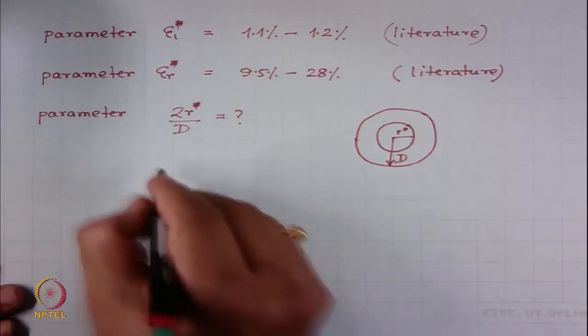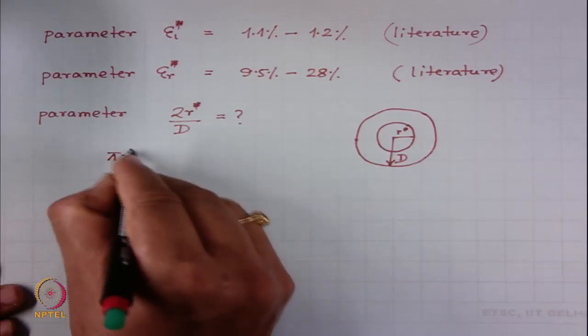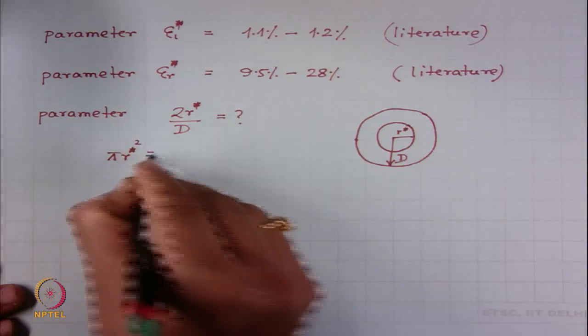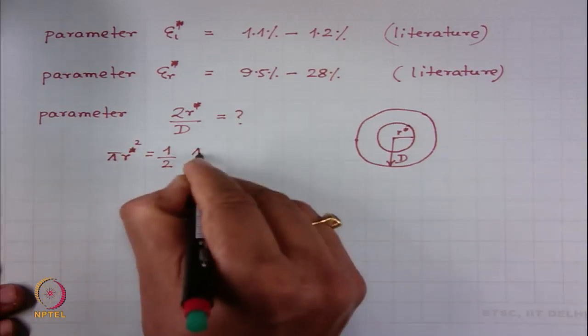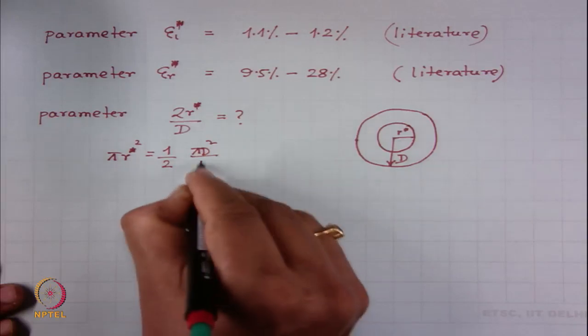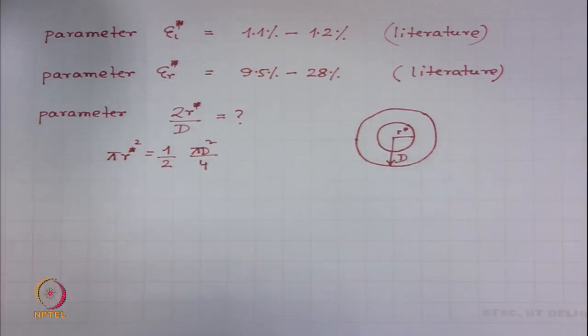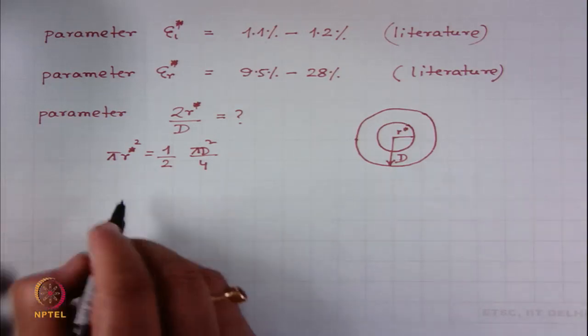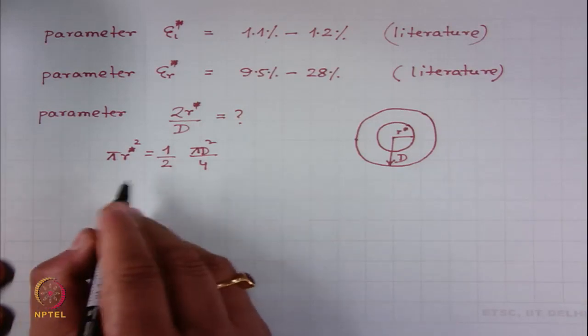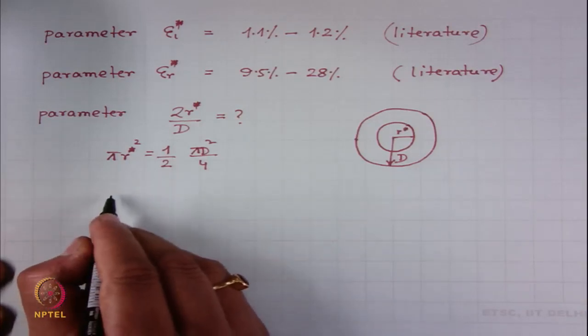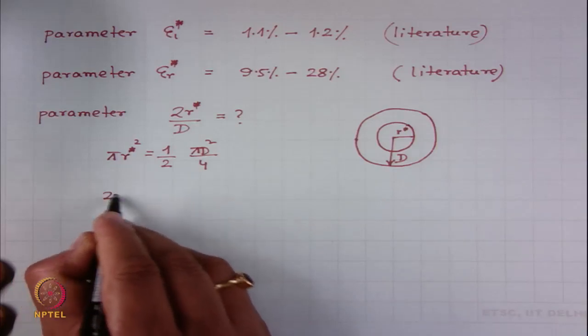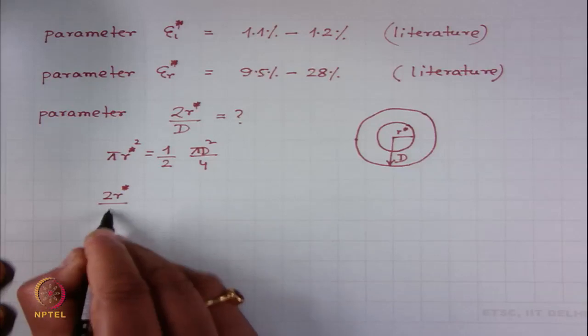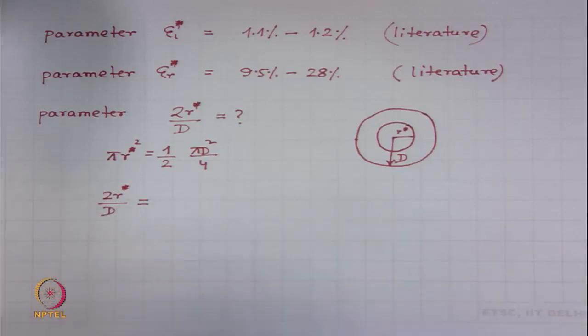That means pi r star square is equal to half of pi d square by 4.